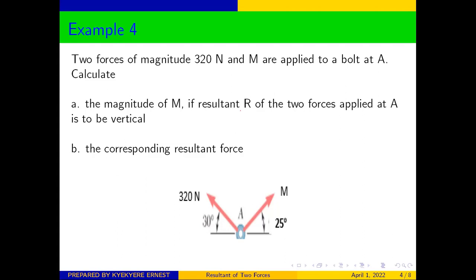So in this question also, we are going to use our laws of parallelogram, in addition with our triangle rules. So let's see how to go about this question.